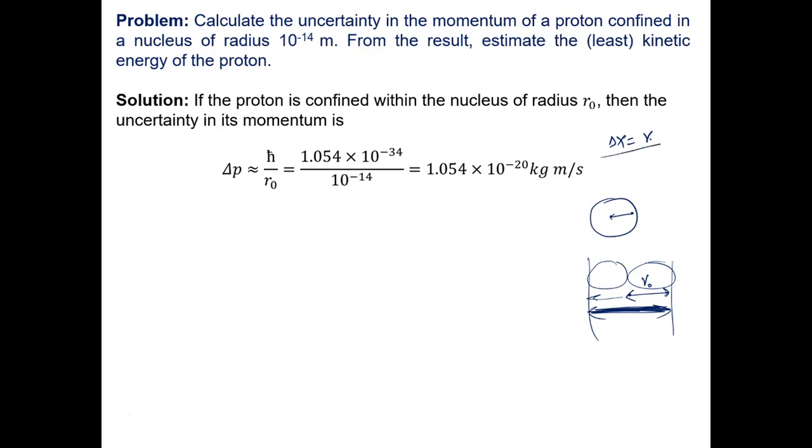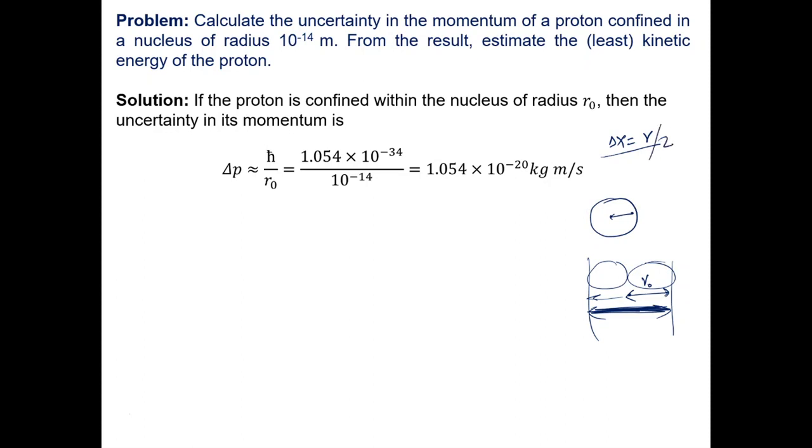Now if delta X is known, from the uncertainty principle we can calculate the delta momentum. This is the maximum uncertainty, but if you find the mean uncertainty in the position, it is going to be r by 2, which is basically the radius divided by 2.